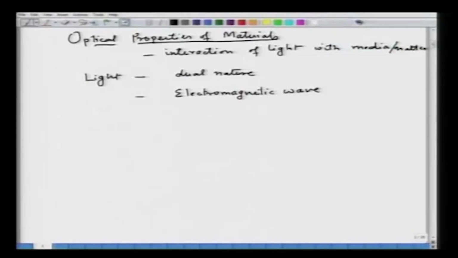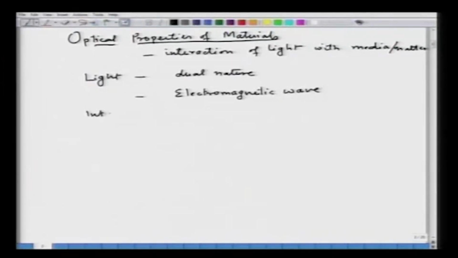Now, when we talk about the optical properties of the material, normally we think in terms of transparency, opacity, or reflectivity of the material, but these are basically phenomena which are based on an intrinsic property of the material.